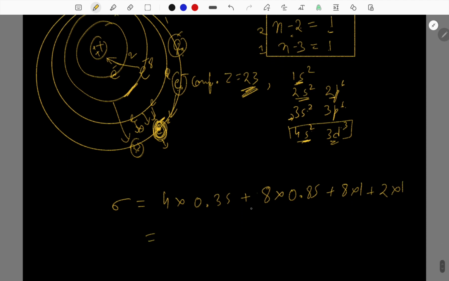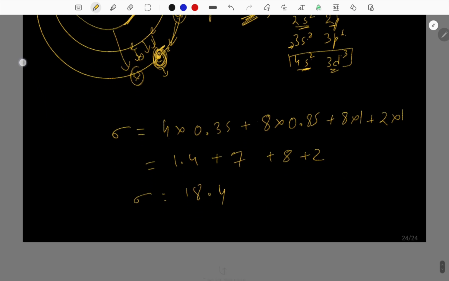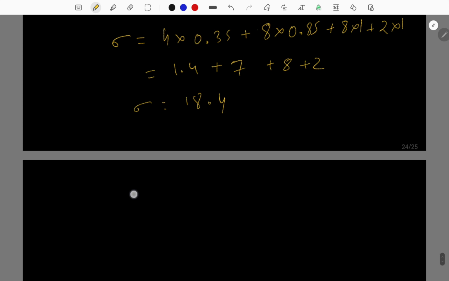By calculating all this, we get 4 into 0.35 is 1.4, 8 into 0.85 is 6.8, 8 into 1 plus 2 is 10, so we get around 18.4. So here is our sigma. For calculating Z star, we simply apply the formula Z minus sigma, where Z is 23 as you know and sigma is 18.4.